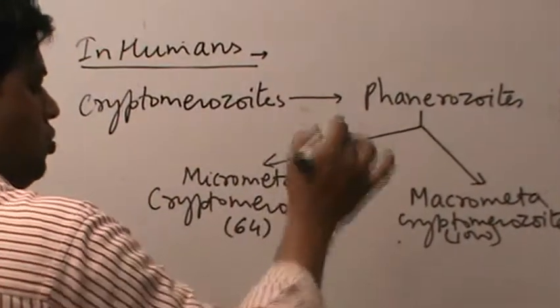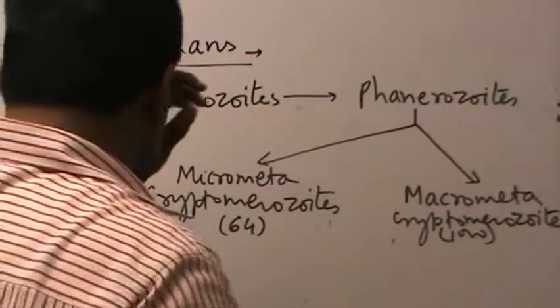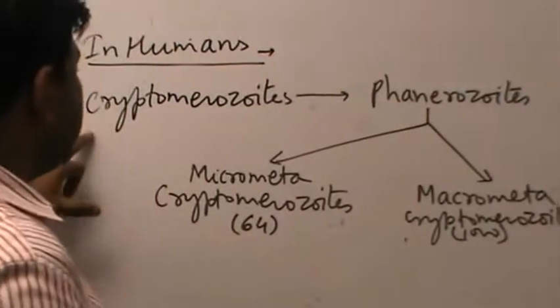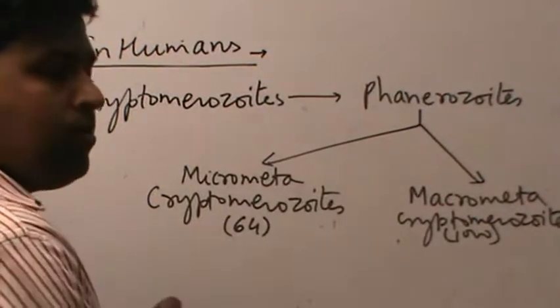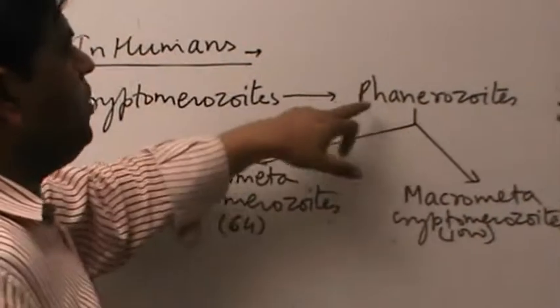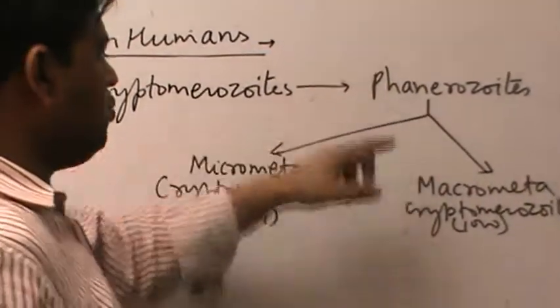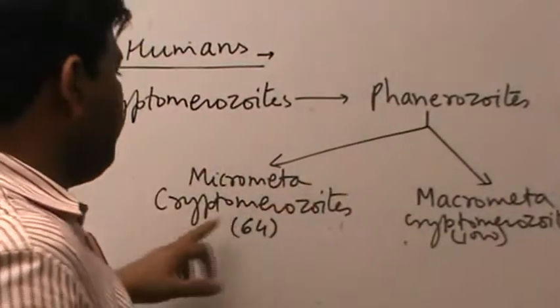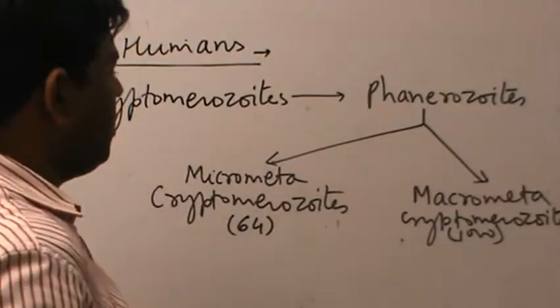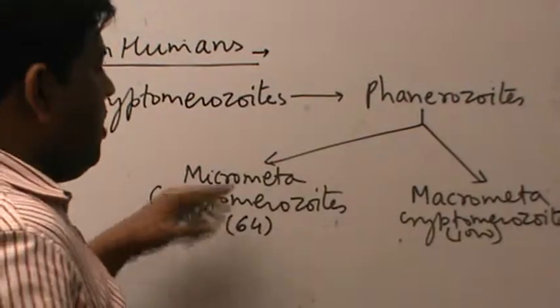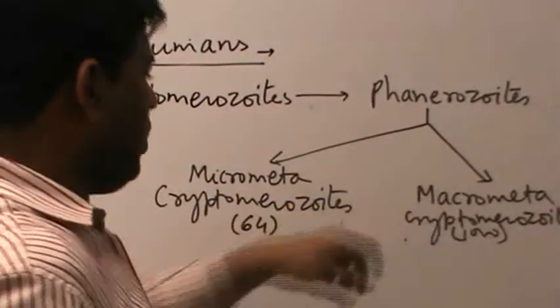Micrometa cryptomerozoite and macrometa cryptomerozoite. This cryptomerozoite is formed from cryptozoites. This will be converted into phanerozoites, and this phanerozoite will be converted into micrometa cryptomerozoite and macrometa cryptomerozoite.